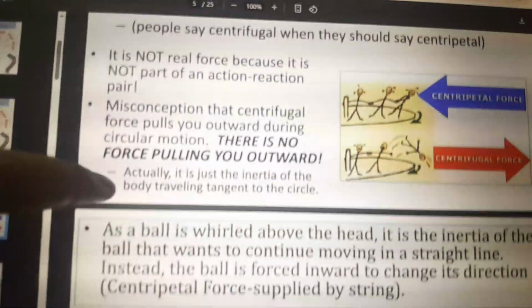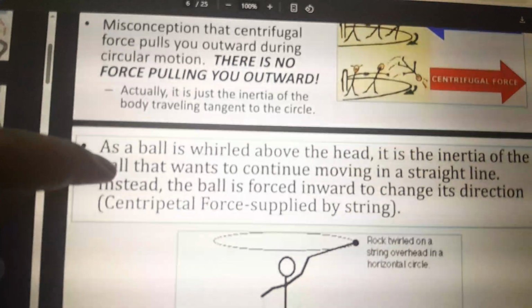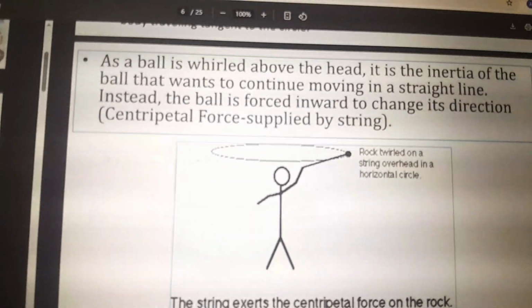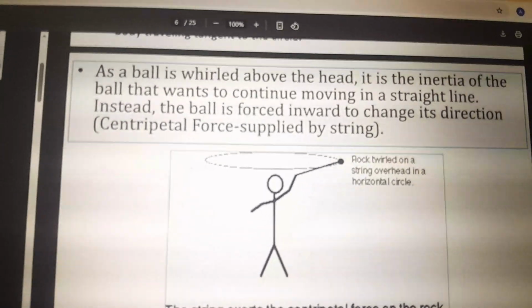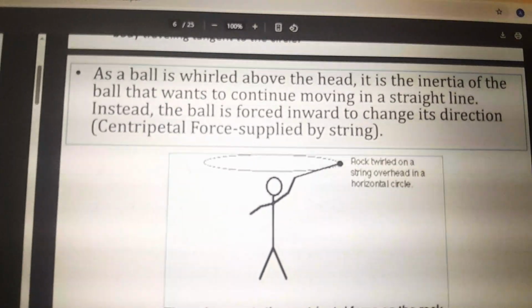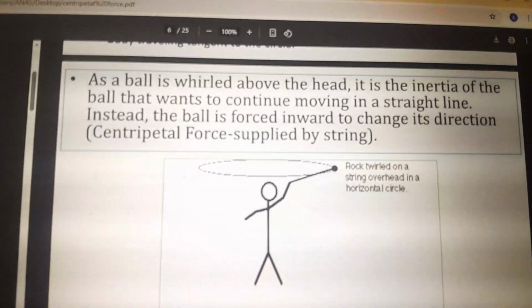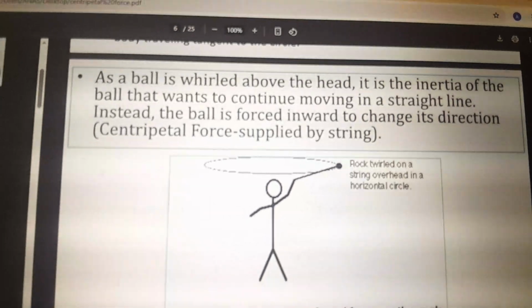Actually, it is due to inertia when the object moves in a circular path, and when the string tied to the stone is released at any point. Like if you're sitting in a car and it takes a sharp turn, you are pulled outward. Why?